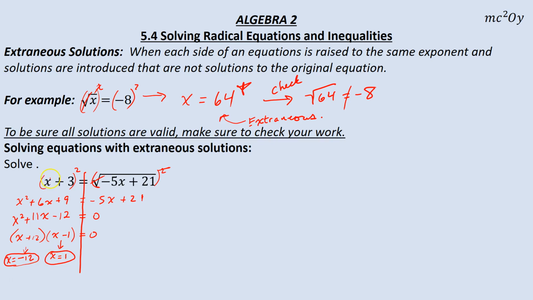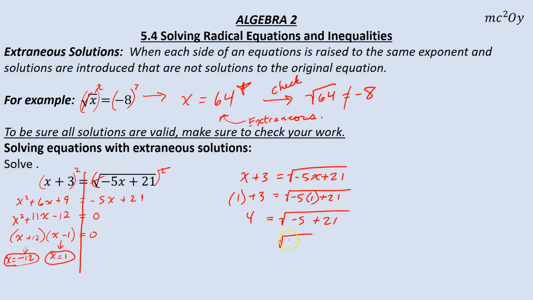We'll plug the 1 in. Over here, I'm going to actually show the checks this time. So I get 1 plus 3 is equal to the square root of -5 times 1 plus 21. We get 4 is equal to the square root of -5 plus 21, or square root of 16, which actually does equal 4.